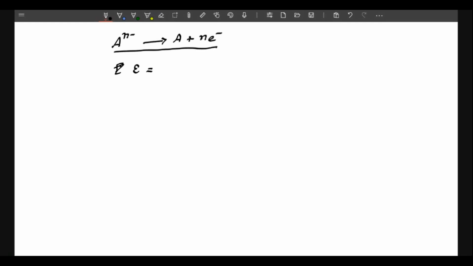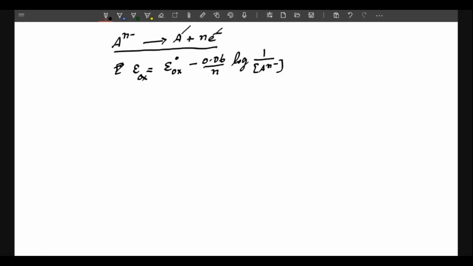According to this equation, oxidation takes place or reduction takes place. Oxidation. Therefore, oxidation potential E ox is equal to epsilon oxidation minus 0.06 by n into log of, here the activity is 1, here the activity is 1, therefore log divided by the concentration of the reactant.